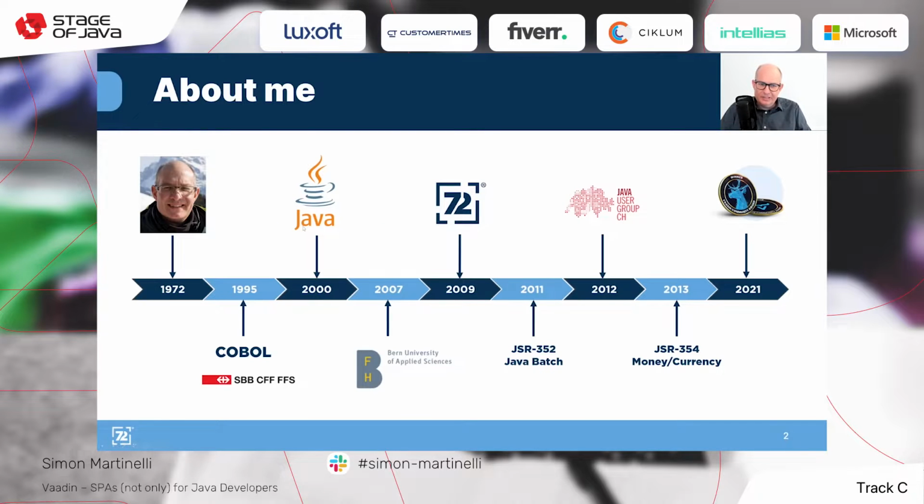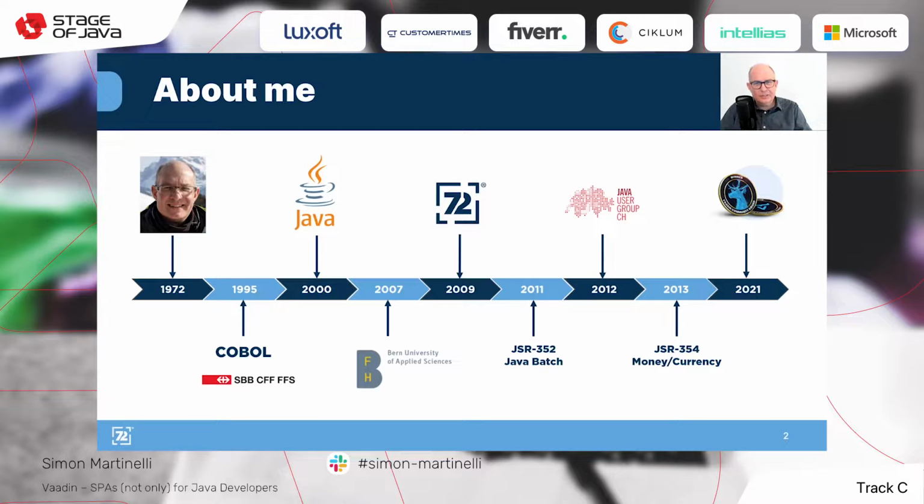First, some words about myself. I started my IT career in 1995 as a COBOL developer on IBM mainframe. In the year 2000, I moved to Java, and in 2009, I started my own company. I'm working as a freelance developer for many customers, mainly in Switzerland.